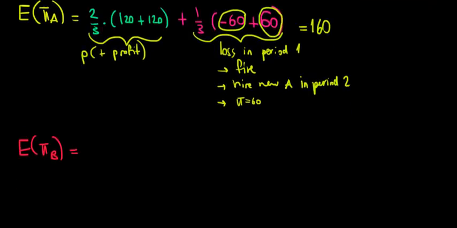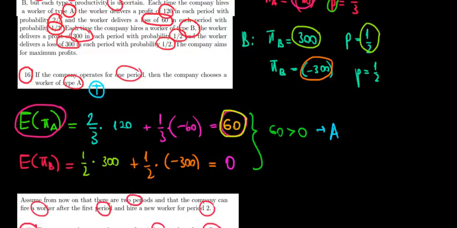So in two periods we would have a probability of 1/2 that we get 300 euros in the first period plus 300 euros in the second period. Now with the remaining probability, plus 1/2, we would have a loss from the worker, a loss of 300 euros with a probability of 1/2.